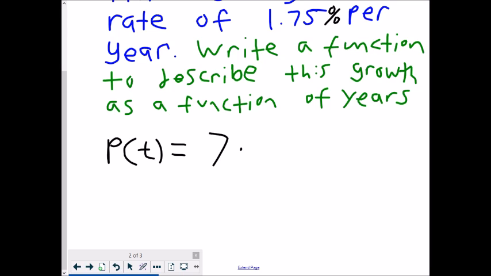So basically, that's not the growth rate, that is the growth factor.